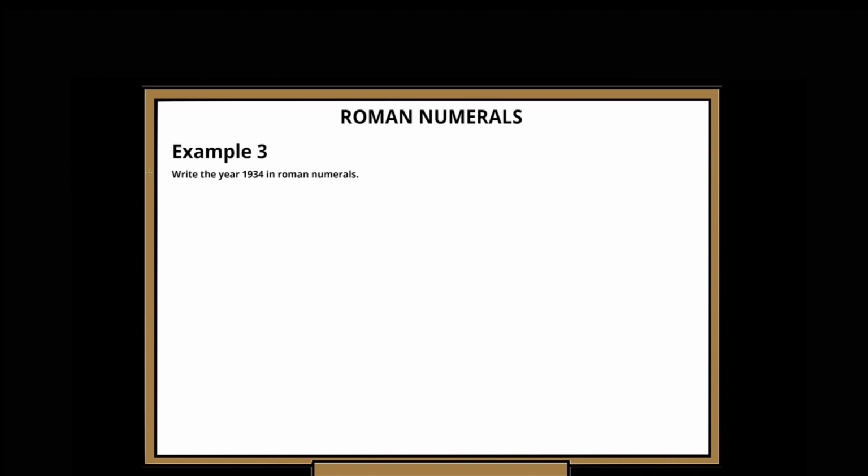Let's go to example 3. Write the year 1934 in Roman numerals. Remember, we'll have to start our working from the left. So firstly, what we have is 1000, which is M. And then the next we have 900, which is CM.